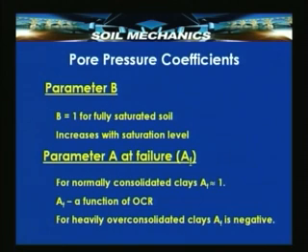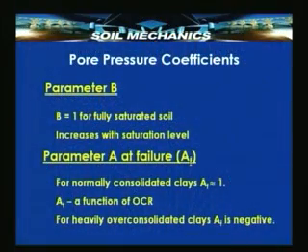That is what is of interest. For normally consolidated clays, this AF is approximately equal to 1, that is, whatever deviatoric stress you apply also gets converted into pore pressure. But if it is an over consolidated soil, AF is a function of OCR, and for heavily over consolidated clays it could even be negative. Typical value is minus 0.2 or minus 0.3 and so on.